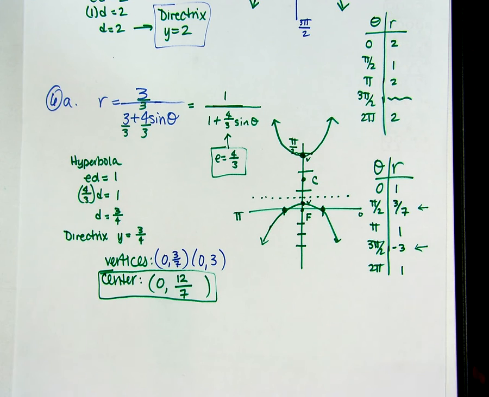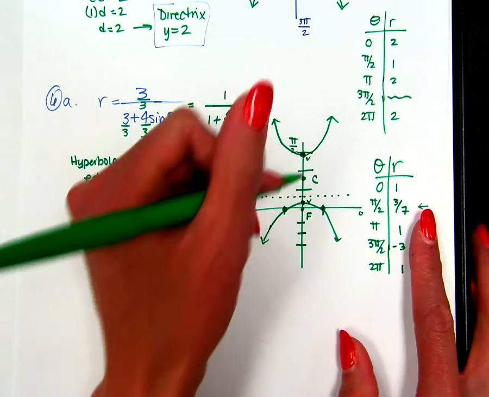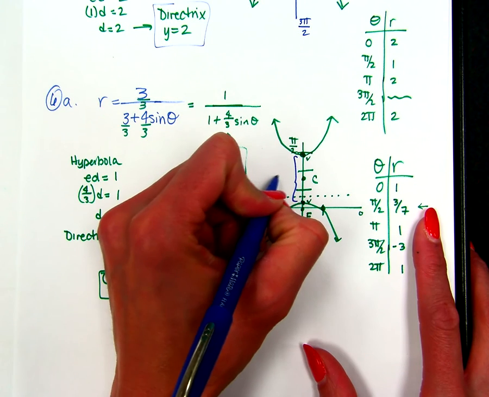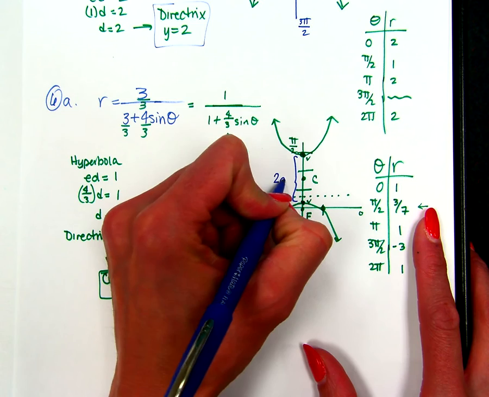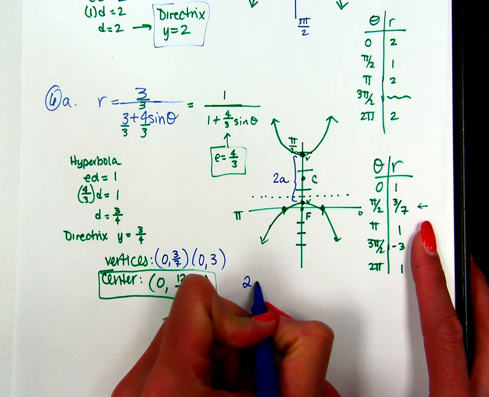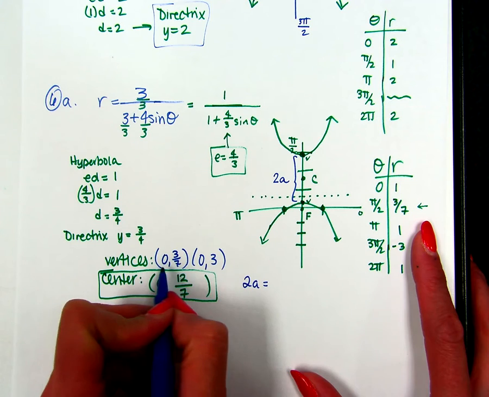All right, so A is the length of the transverse axis. Okay, so the distance between the two vertices, that's our 2A, right? So 2A is equal to the distance between these 2 points.